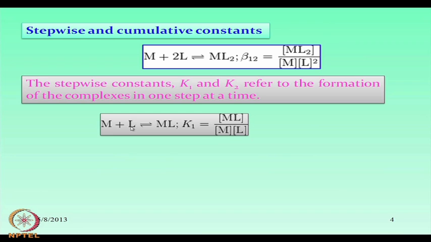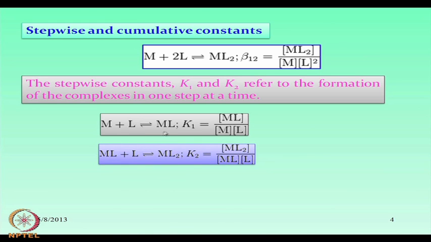So, when the first ligand, the first ammonia molecule, comes and binds to the silver ion, we get the K1 value, and when the second comes to the first one, that means the silver species with one NH3 bound plus another NH3, giving rise to the silver diamine complex, we get the corresponding K2 as ML2 by ML and L. So, the product of these two, K1 and K2, is basically beta 1 2.